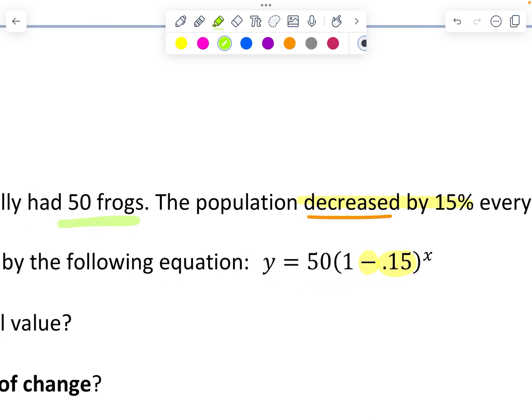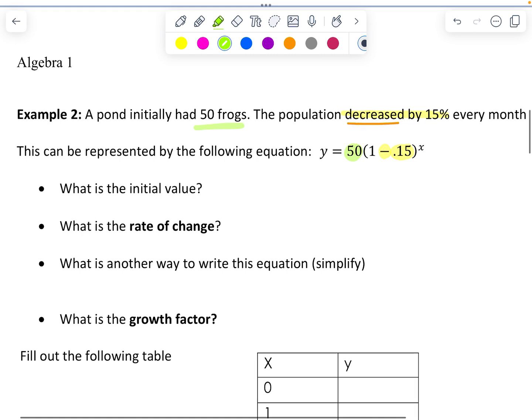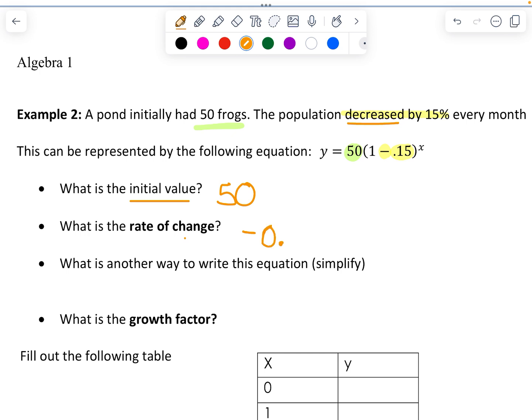Our initial amount of frogs is leading out front. So given all this information, let's identify the key features. What is the initial value? 50. That's how many frogs we started with. What is the percent rate of change? I would put the negative sign because that tells me we are decreasing.